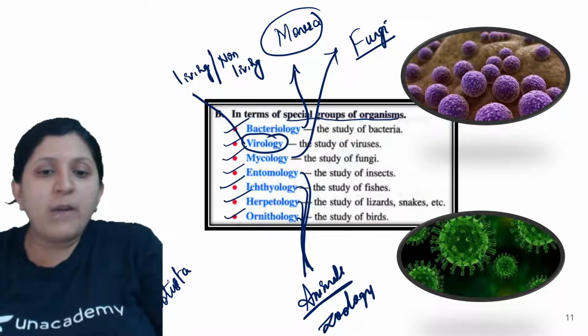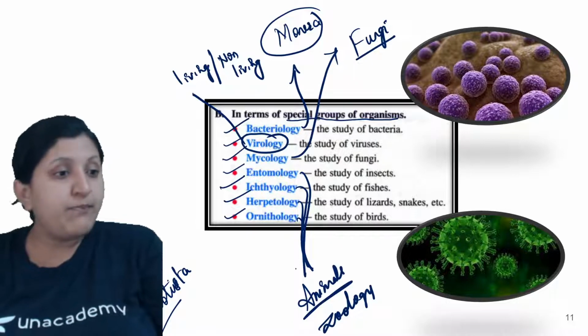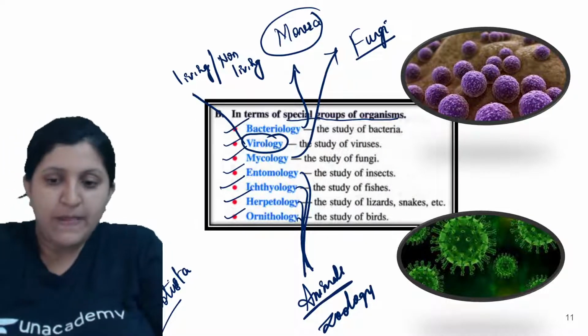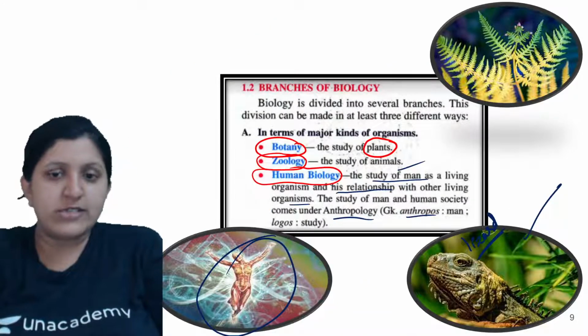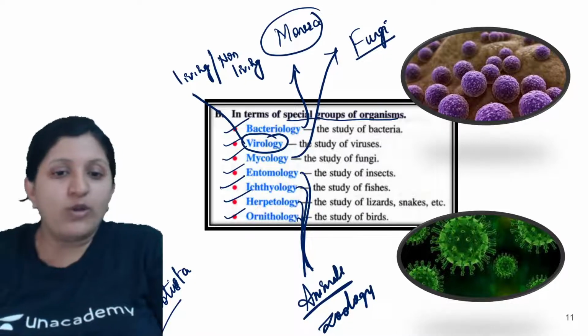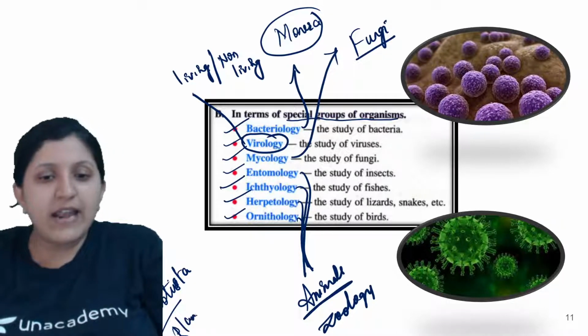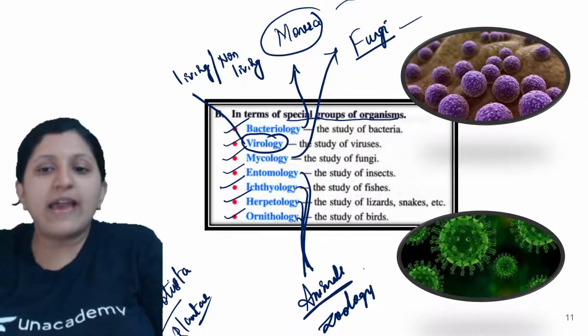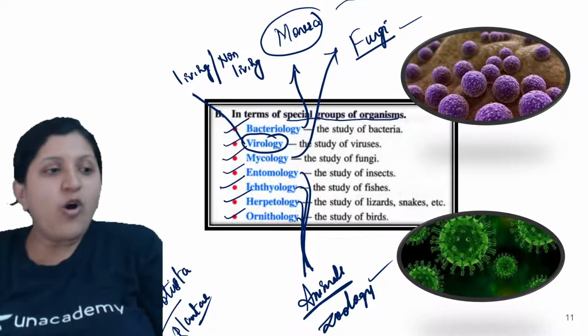So Monera, Protista, Fungi, Plantae. Plantae also, since here specifically that is not there, but in the previous slide, botany is given, no? So there you can see the Plantae kingdom is also there. So both the P's are left here, that is Plantae and Protista. So the rest of them, that is Monera, Fungi and animals, all of them are studied.